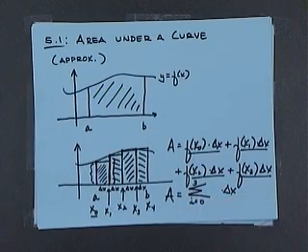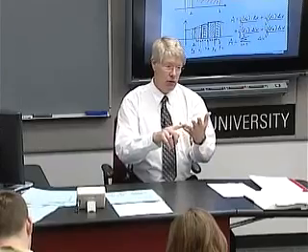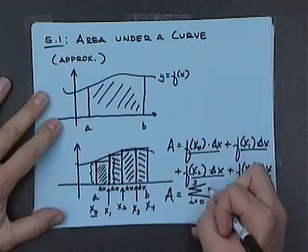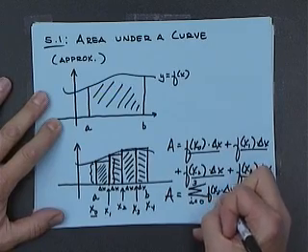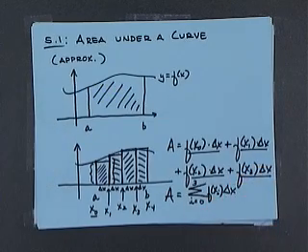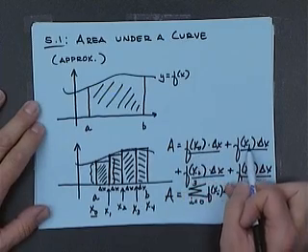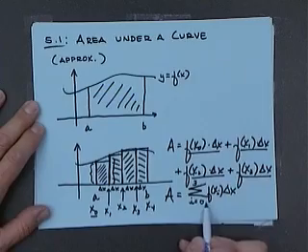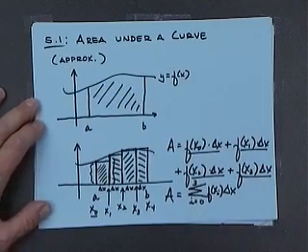If it starts at 0 and goes to 3, that's 0, 1, 2, and 3, which is 4 regions, right? So also in the argument, we want the f of x sub i: x sub 0, x sub 1, x sub 2, and x sub 3, and that's what we have, i starting at 0 and going to 3.